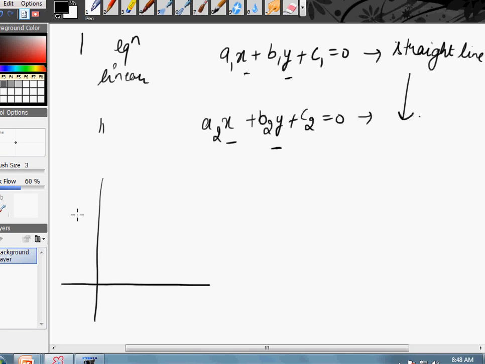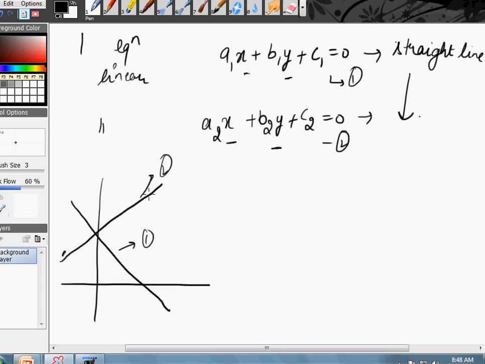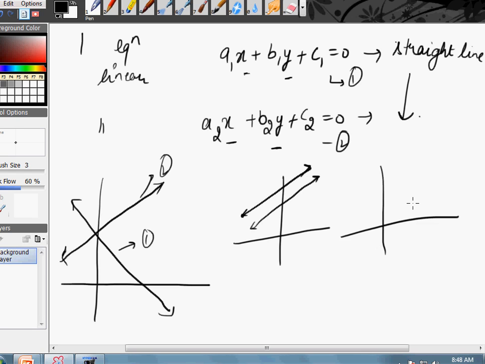Thus, if the first equation is like this, the second equation can be in this form. Or we can have two parallel lines, or the lines can be coincident.